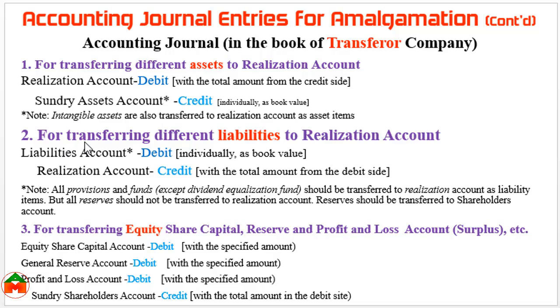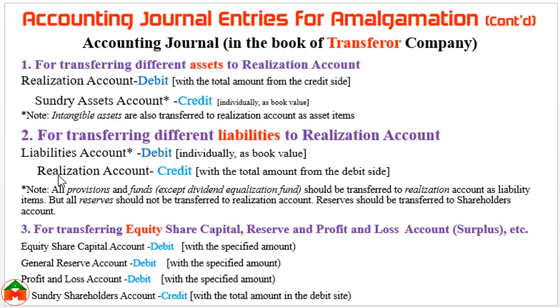In the second journal, we will show all the liabilities on the debit side. Generally we know that liabilities are credit items, but since we are going to banish the items of the transferor company, for removing these items we will show them on the debit side. So all the liabilities are debited, and with the total amount of all liabilities we will show the realization account on the credit side.